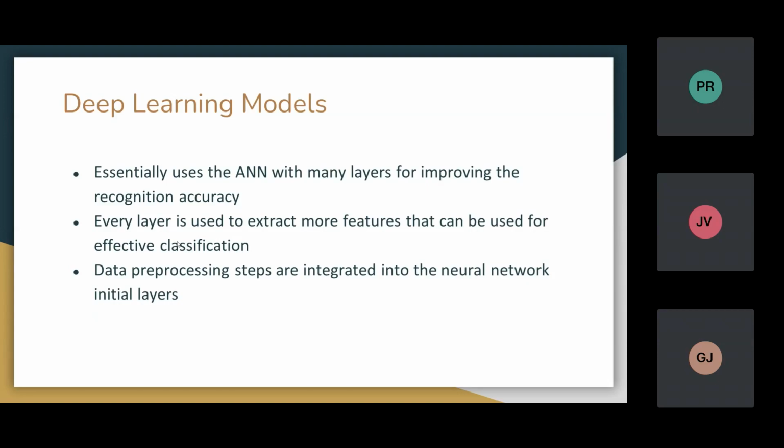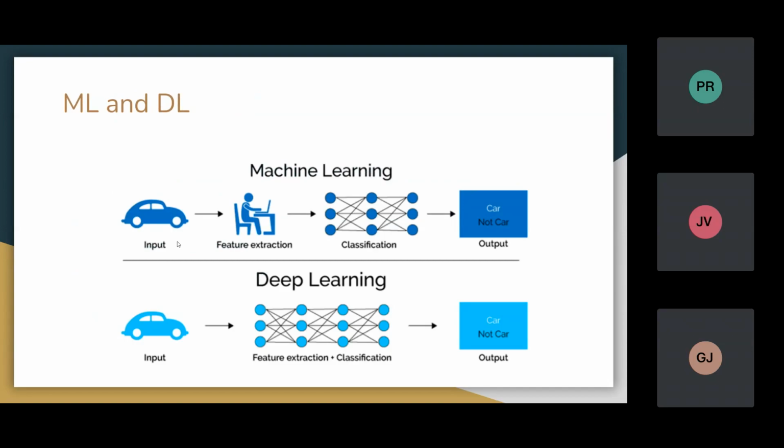You can enrich the features before you give it to your learning, before you give it to a classification engine. And all this can be done as part and parcel of an integrated approach of multiple layers of a neural network. So that is what is called a deep learning model. Okay, so the deep learning model goes something like this.